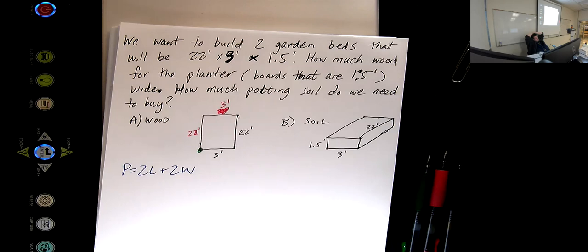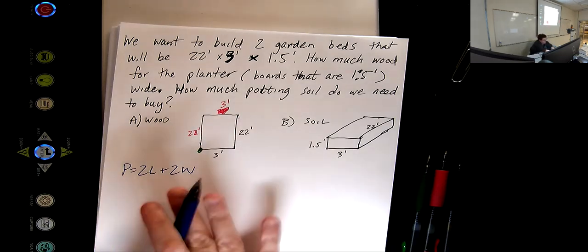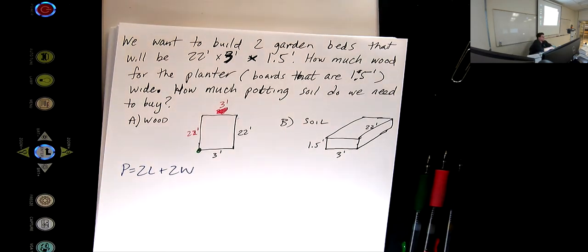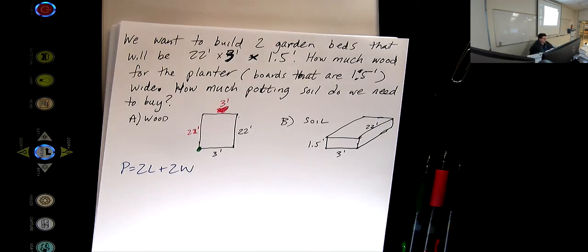For the soil, I'm going to need to calculate the area of the whole thing. Area is a 2D thing, and volume is 3 dimensions, because we don't just want a layer at the bottom, we want it to fill up the whole planter. So volume is when we're doing 3 dimensions. It's very similar.